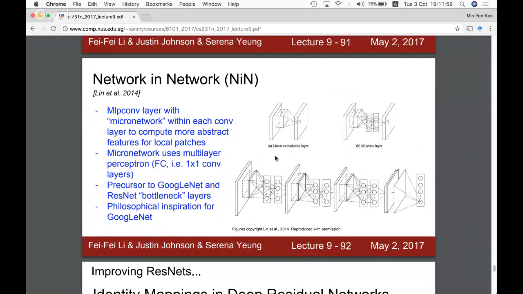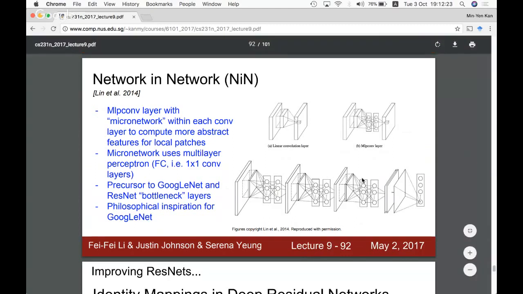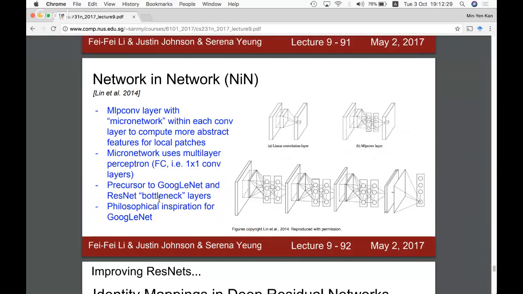This micro network uses these 1x1 fully connected conv layers, and the idea is you stack up these MLP conv layers in between different convolution layers and train the network. You can think of this as an inspiration for GoogleNet, I guess.